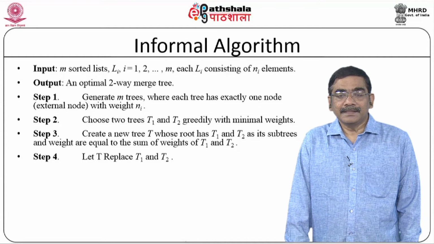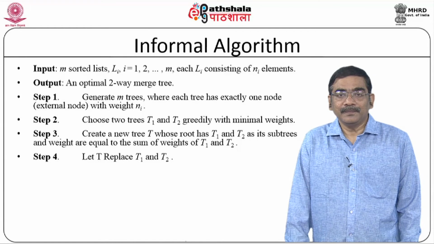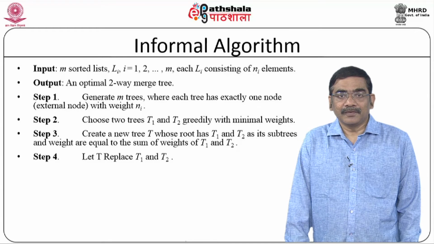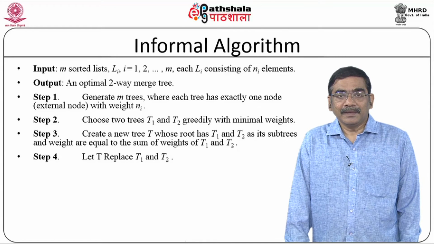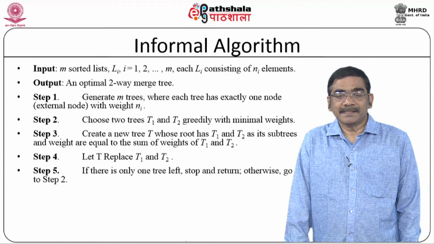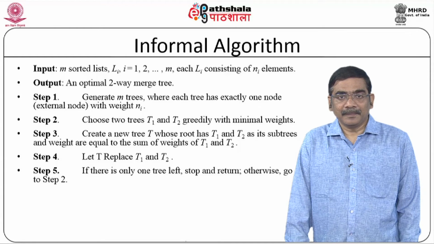Now, this T replaces T1 and T2. Now, we have the other symbols like T3, T4 and all. Again we can greedily search for nodes and start merging. This process can be carried out until we get a situation where you have only one tree.